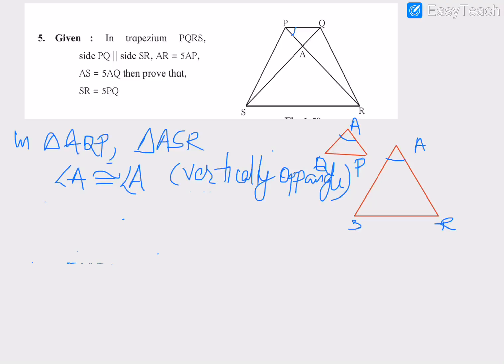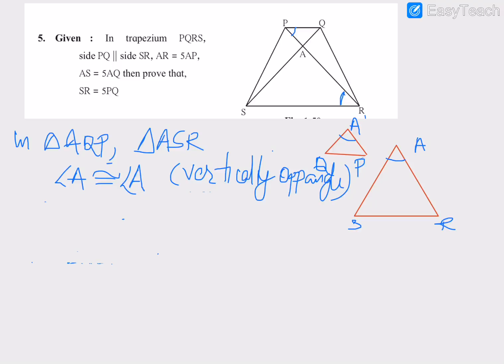Now we can check angle APQ, that is this angle at P, and angle ARS, the angle at R. These two angles are between two parallel lines. It is given in the question that PQ is parallel to the side SR. So a line is intersecting here, and these two angles, angle APQ and angle ARS, are between two parallel lines.